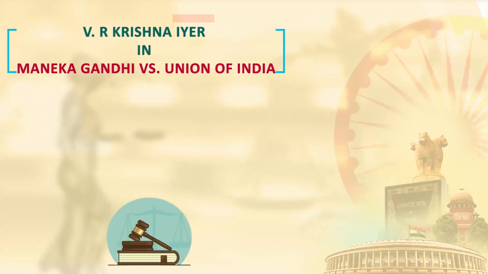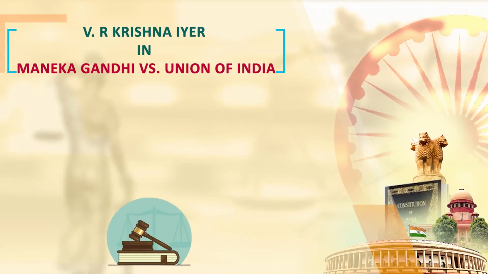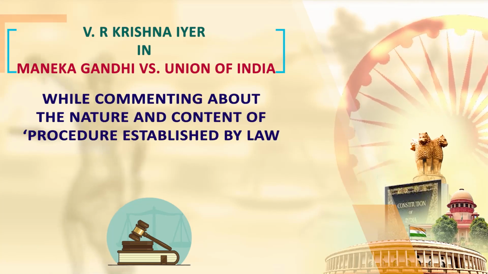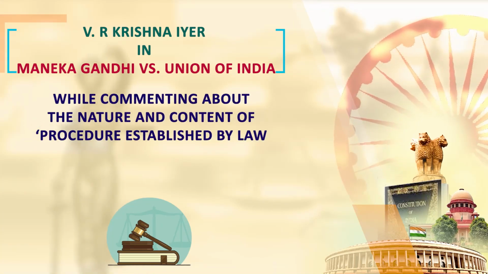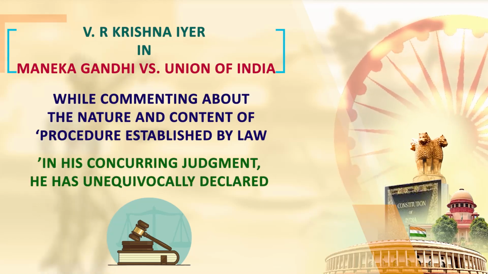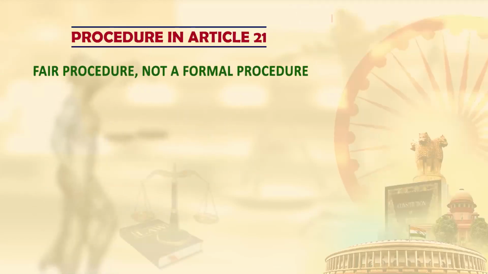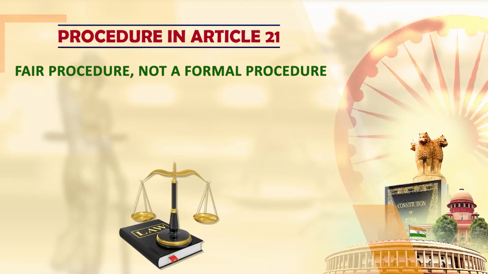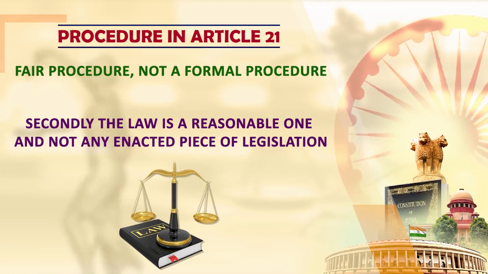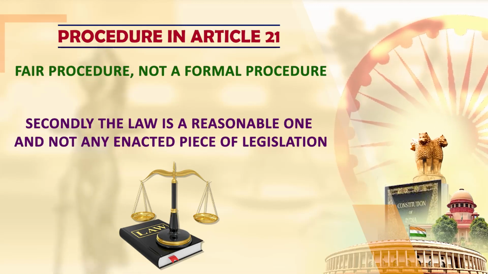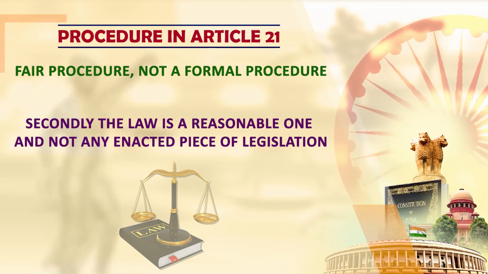Now, in the language of noted jurist Justice V.R. Krishna Iyer in Maneka Gandhi versus Union of India, commenting on the nature and content of procedure established by law, he says that procedure in Article 21 means fair procedure, not a formal procedure. And secondly, the law must be a reasonable one and not any enacted piece of legislation.